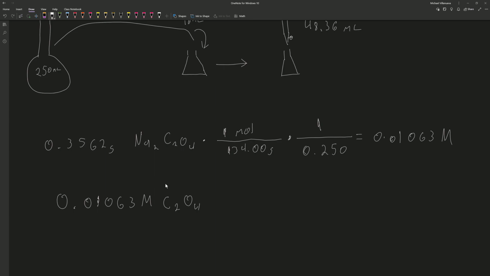Honestly, C2O4 is the species that is being reacted, so technically speaking, we don't need to include the Na2. Sometimes I'm including the Na2, for instance, to determine the molar mass and whatnot. But so we now have this C2O4, 0.01063 molar of it specifically.